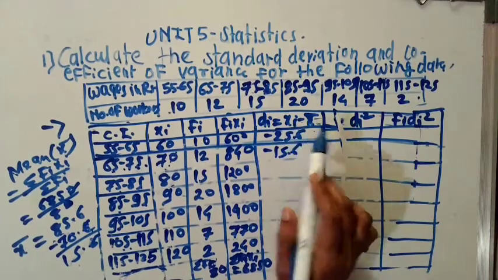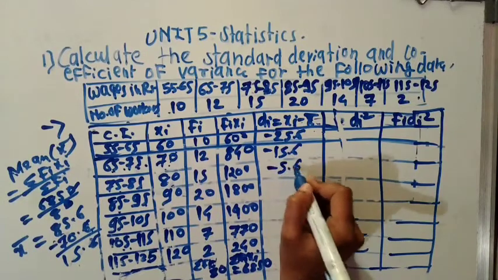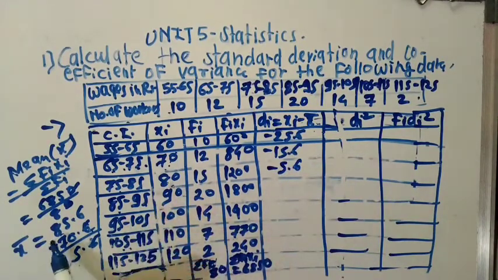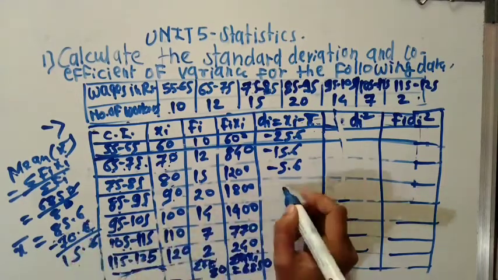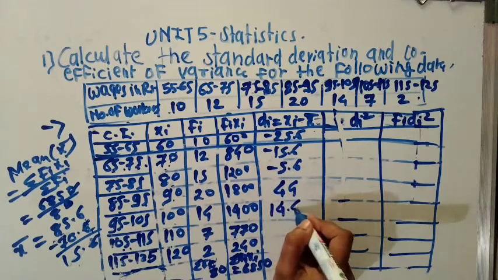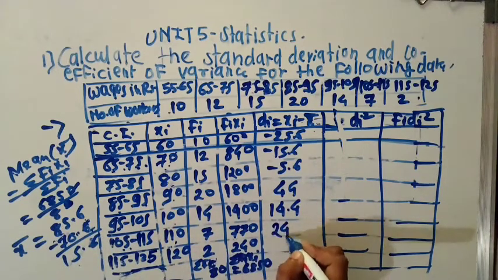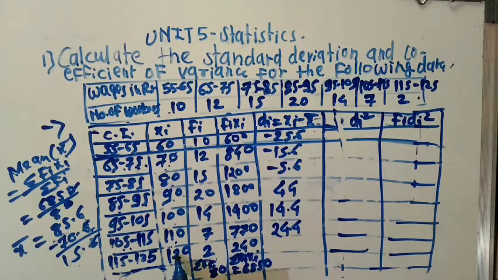Then 80 minus 85.6 is minus 5.6. Then 90 minus 85.6 is 4.4. 100 minus 85.6 is 14.4. 110 minus 85.6 is 24.4. Then 120 minus 85.6 is 34.4.